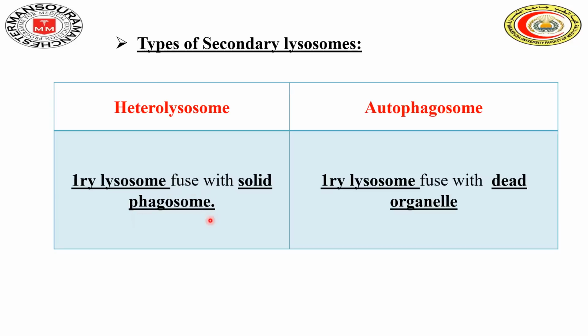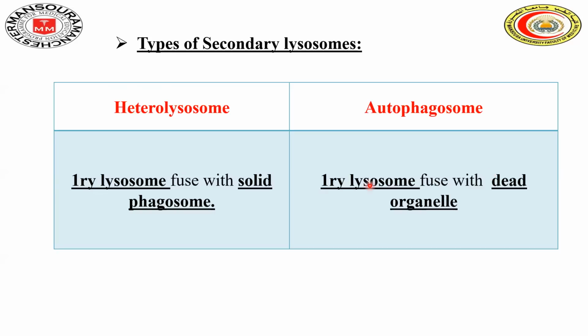If this foreign body fused with primary lysosome, the net result is the production of a secondary lysosome called heterolysosome. On the other hand, if the primary lysosome fused with part of the cell itself, like a dead organelle not functioning yet, the cell wants to discard it or to get rid of this dead organelle.